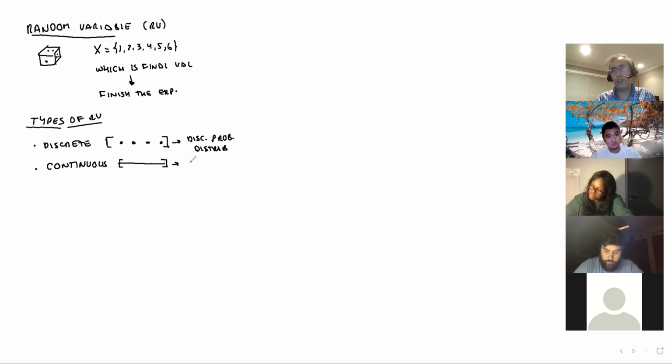And continuous random variables, of course, create continuous probability distributions. Make sense?